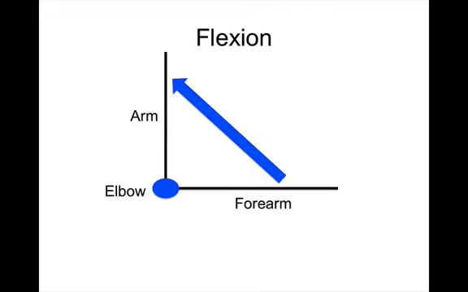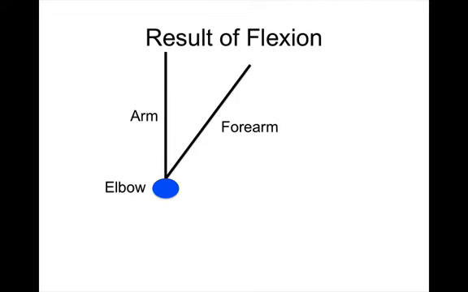So flexion is going to be movement of the forearm toward the arm, as indicated by the blue arrow. So this is the result of that flexion that occurs at the elbow. Your forearm is closer to your arm at this point. You haven't flexed all the way, but you've moved your forearm closer to your arm, so you've decreased the angle of that joint, basically at the elbow joint.